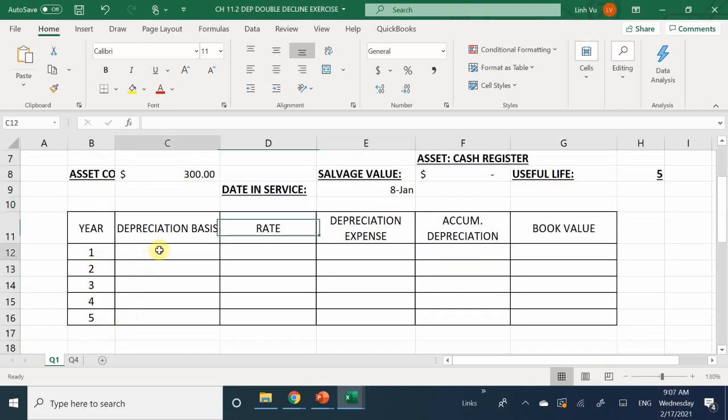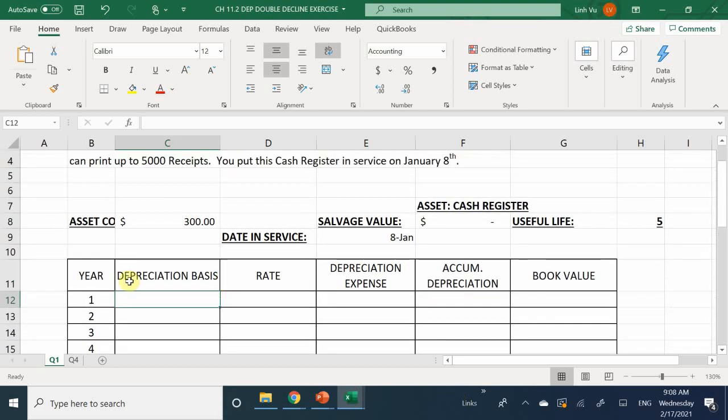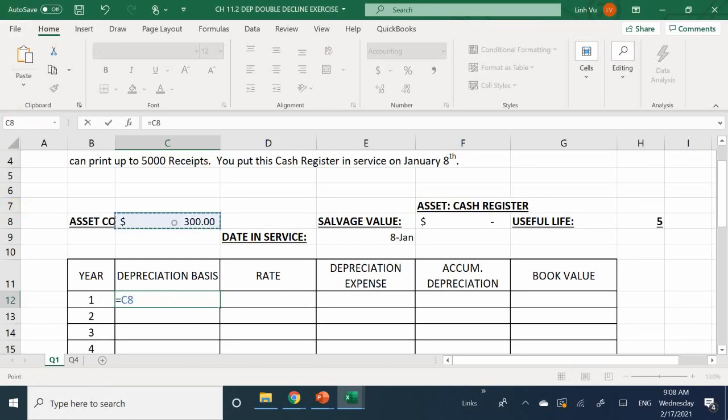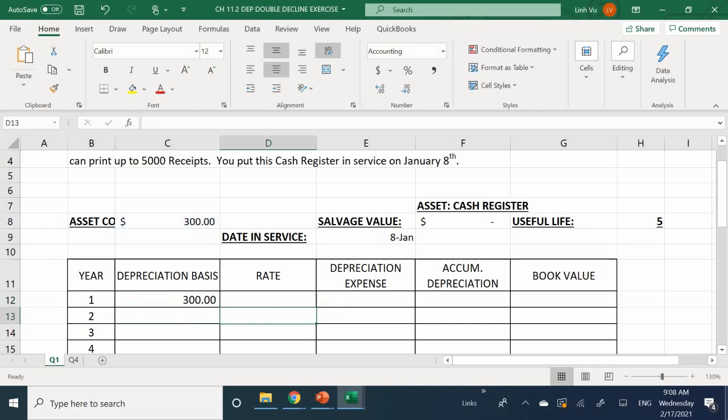All right, so let's go ahead and solve for our depreciation basis. What is my book value? 300. Yes, the day that we bought the asset is going to reflect how much it costs right now. Okay? And let's go ahead and solve for my depreciation rate. What is my depreciation rate?